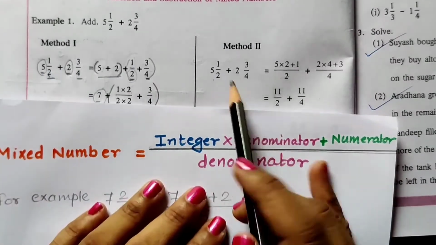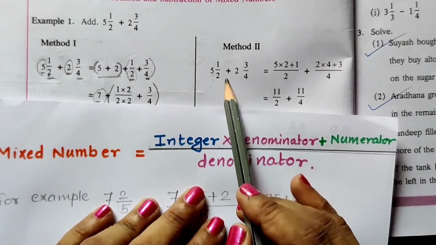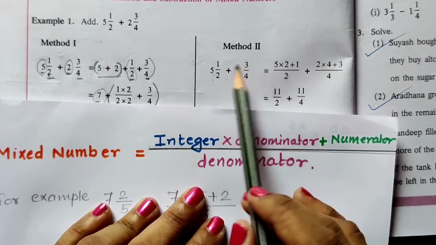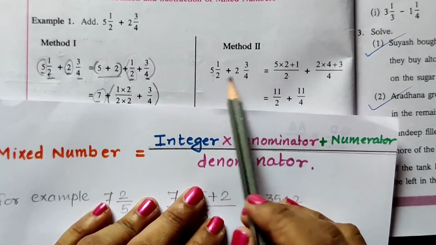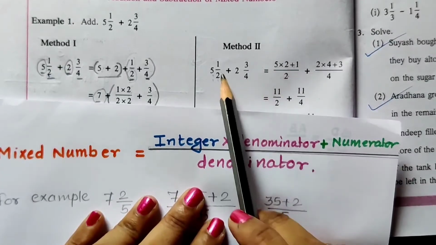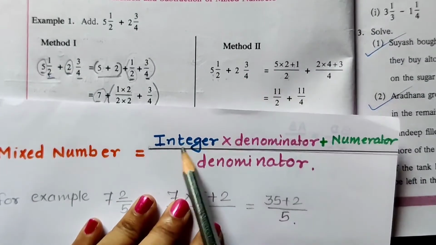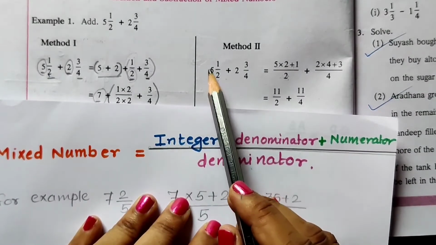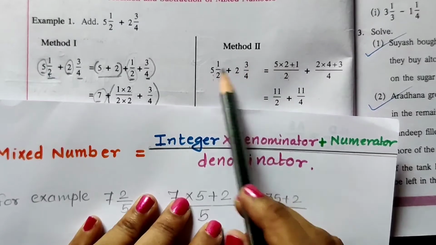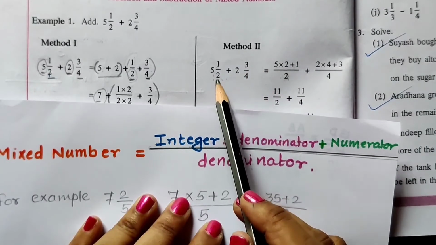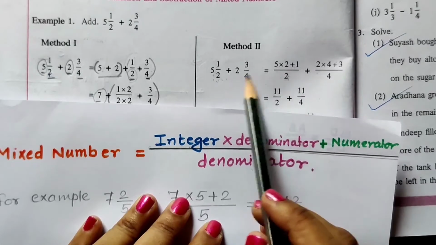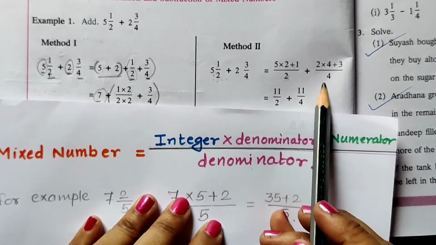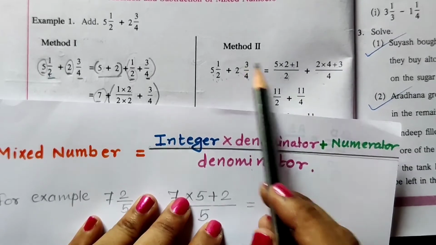As you all can see here, 5 integer 1 upon 2 is there. How it is converted into improper fraction? Integer multiplied by denominator plus numerator upon denominator. 5 multiplied by 2 plus 1 upon 2, denominator as it is, plus this 2 multiplied by 4 plus 3 upon 4.